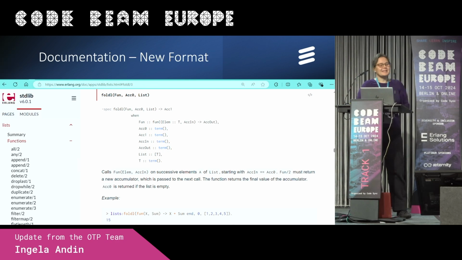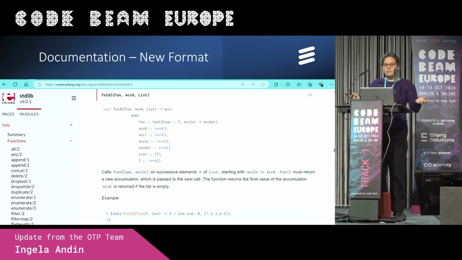And of course, in OTP 27, we ditched XML for XDoc, and now we have a more modern look and feel for our documentation. We also polished the documentation quite a lot, and we restructured it. One of the intents is that it should be much easier for you to contribute to our documentation.